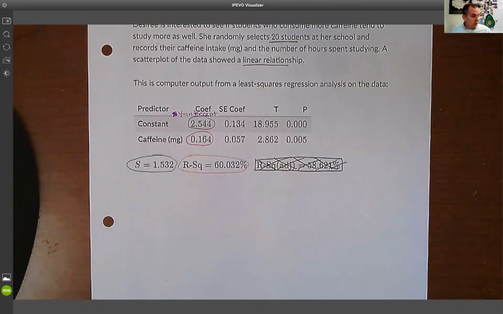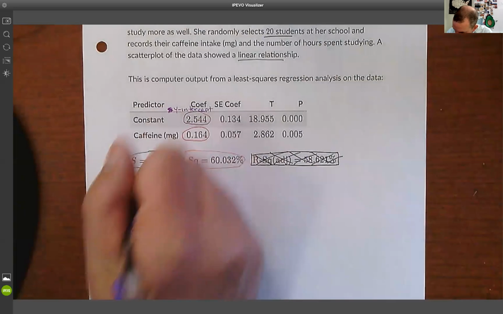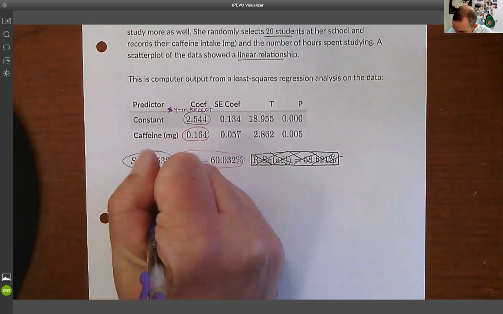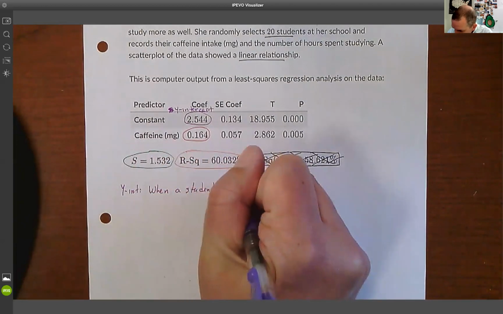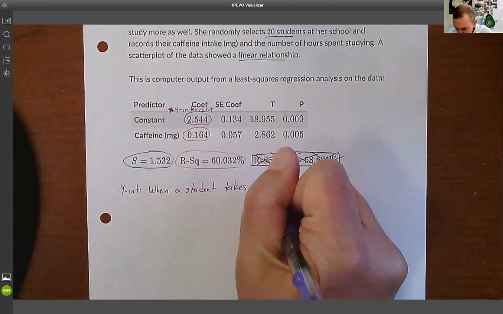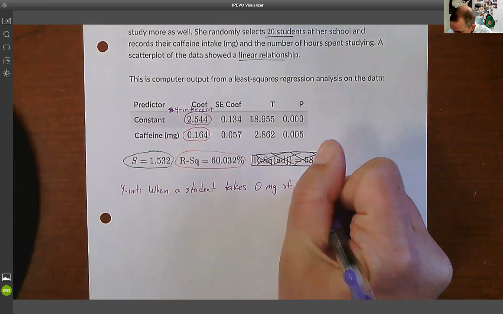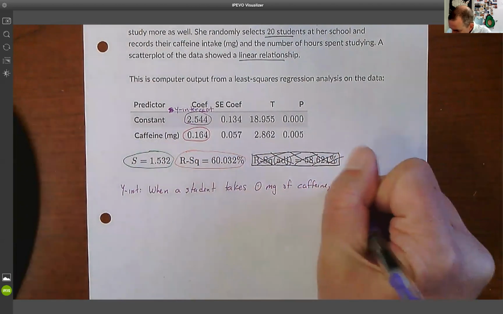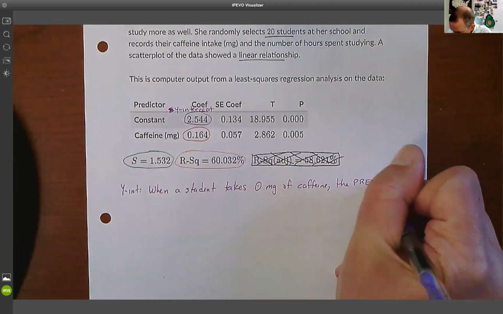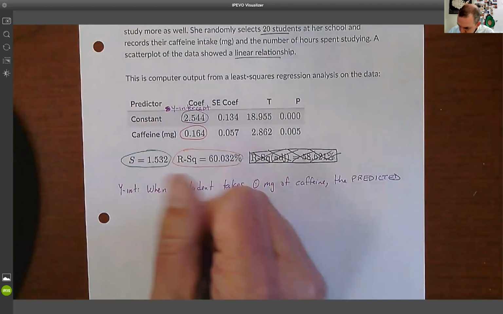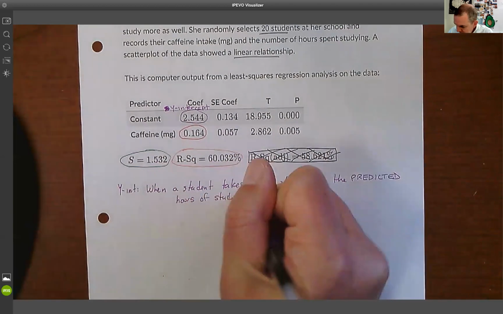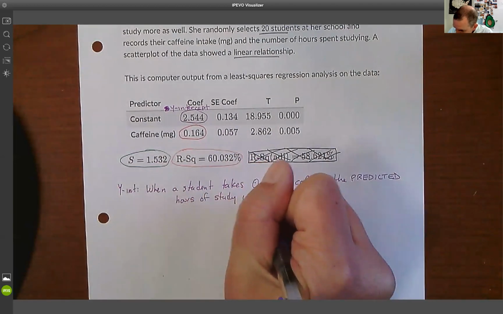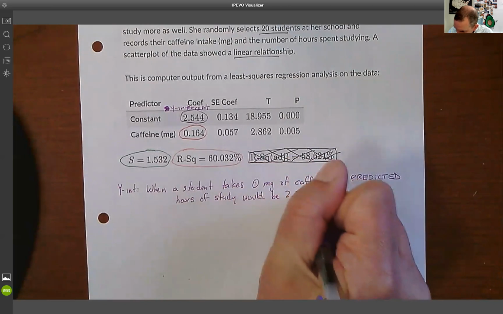As an interpretation, for my y-intercept, when a student takes 0 milligrams of caffeine, the predicted hours of study would be 2.544 hours.